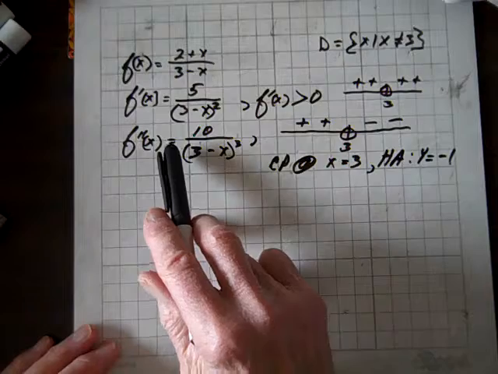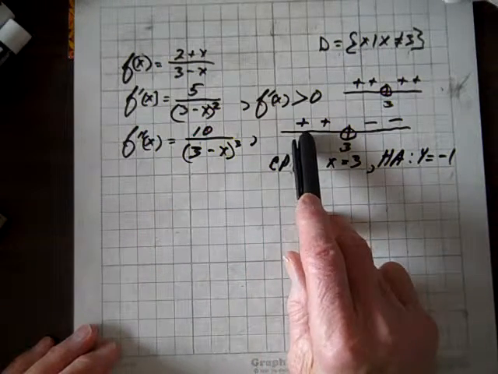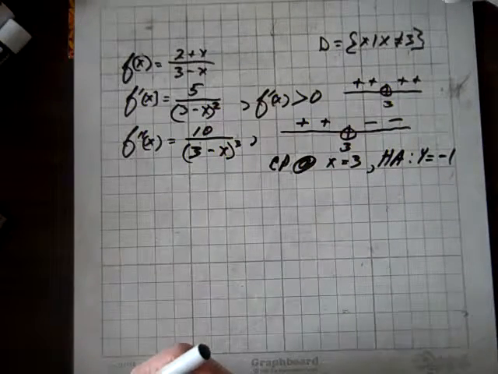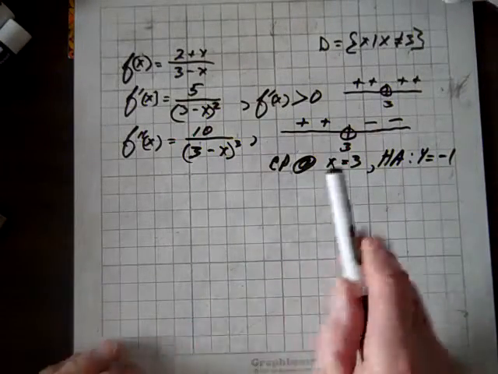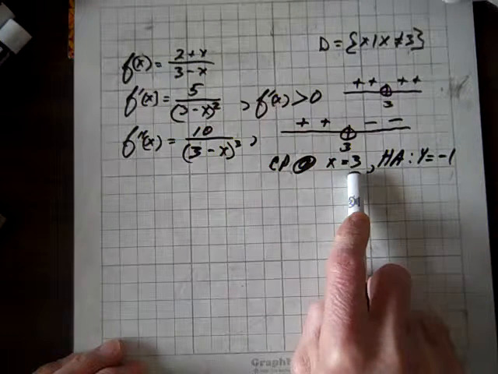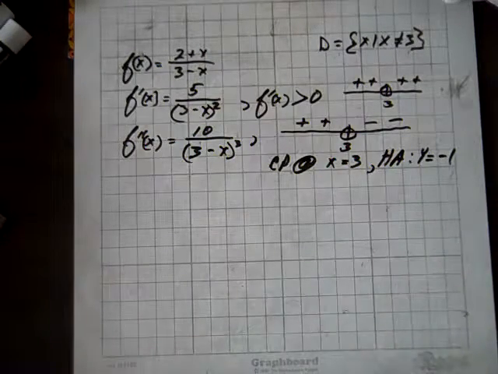And the second derivative is positive for values of x less than 3 and negative for values of x greater than 3. Also, we've got a critical point at x equals 3 because it's undefined there. And we've got a horizontal asymptote at negative 1.